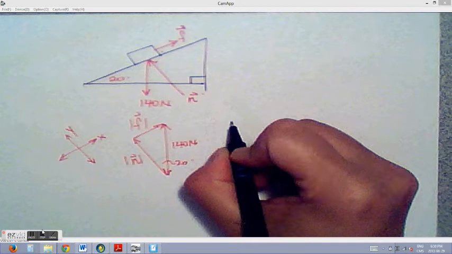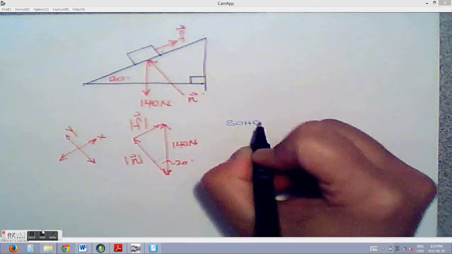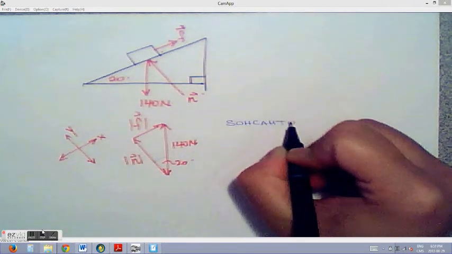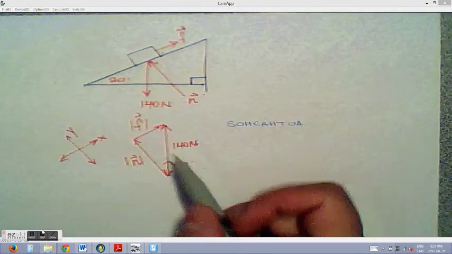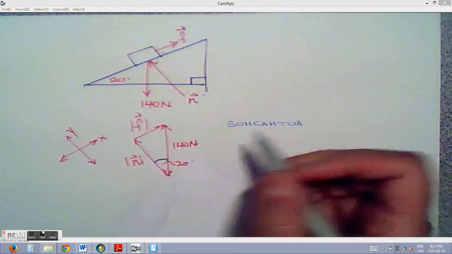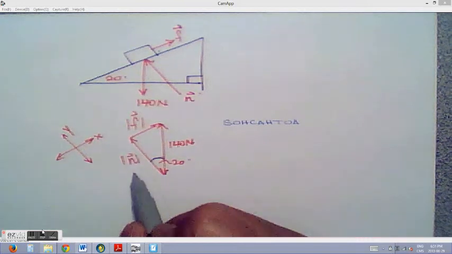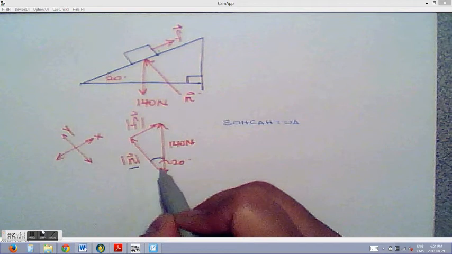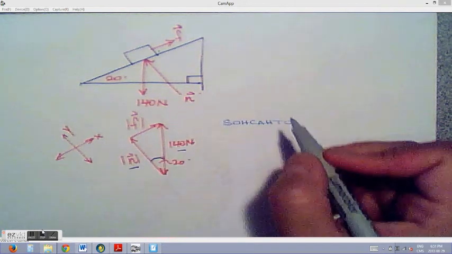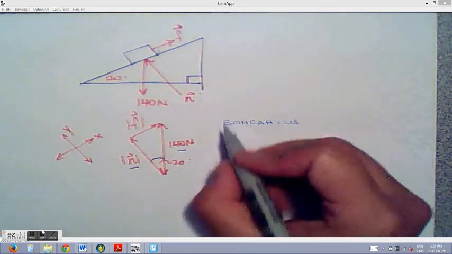So remember, SOHCAHTOA, okay? And we can simply say, so this is 20 degrees here. Okay, so if I wanted to find N with respect to 20, N is the adjacent and 140 is the hypotenuse, so cos, right?